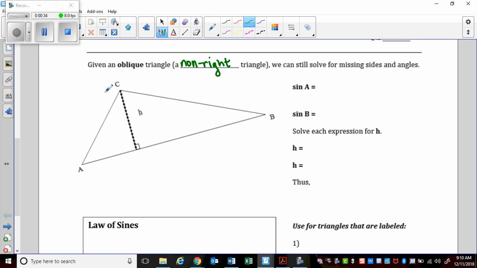So we know that if this is the altitude or the height of the triangle, sine of A is opposite, or h, over hypotenuse, which is little b. Little c, little a.